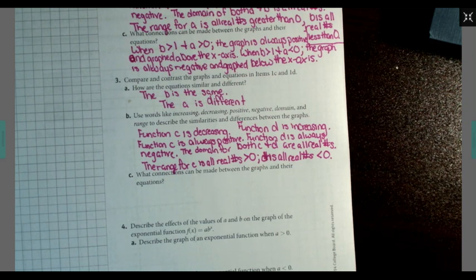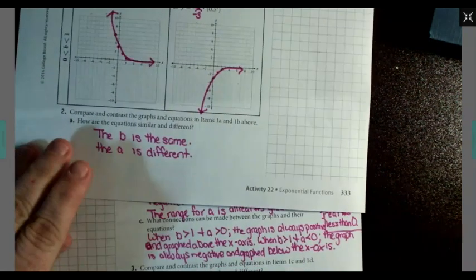What connections can be made between the graphs and their equations?